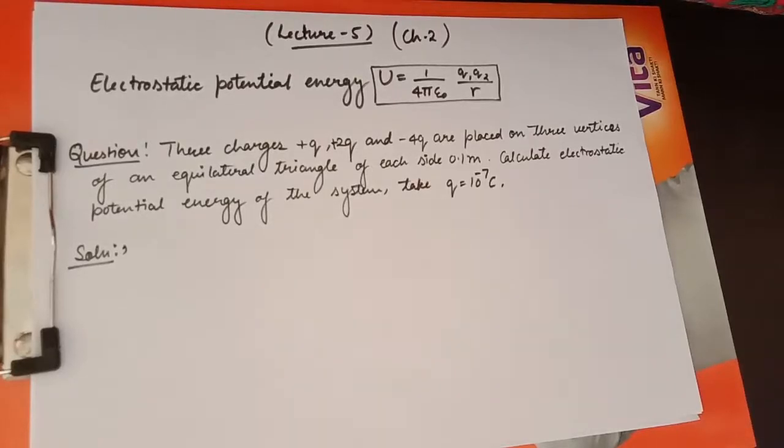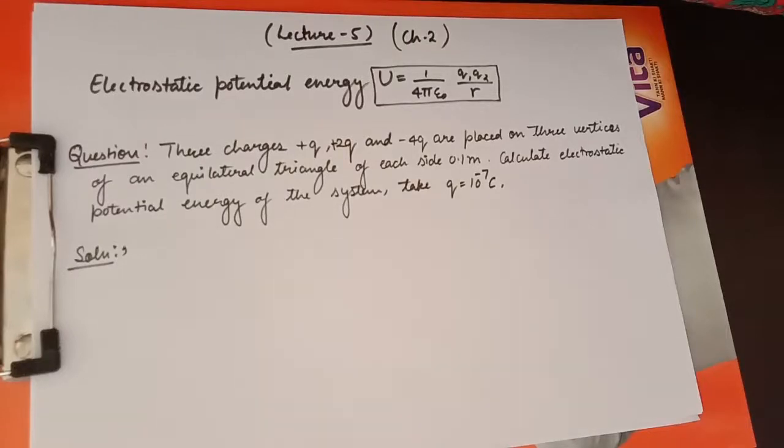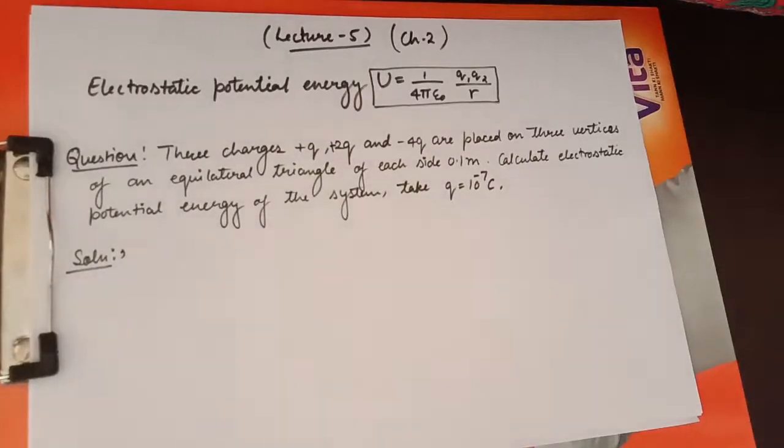As you know, the formula for electrostatic potential energy is 1 upon 4 pi epsilon naught into Q1 Q2 divided by R, where in the numerator you can see there is multiplication of 2 charges. So as the question says, there are 3 charges plus Q, plus 2Q and minus 4Q. So there will be 3 combinations.